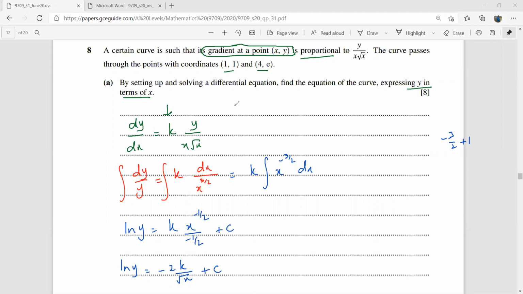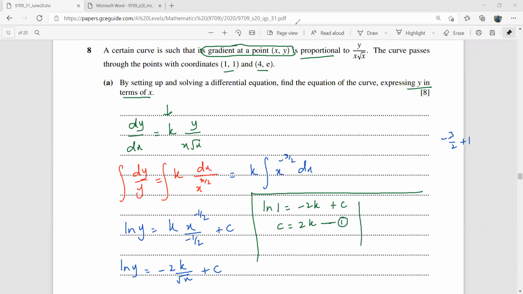Now let's put these points here. We'll have two equations in x and y, and we'll get to that required equation. First of all, I'm going to put that 1, 1. So I have ln 1 equal to minus 2k plus c. So this c is going to be equal to 2k. That is my first equation, because ln 1 is 0, we know that.